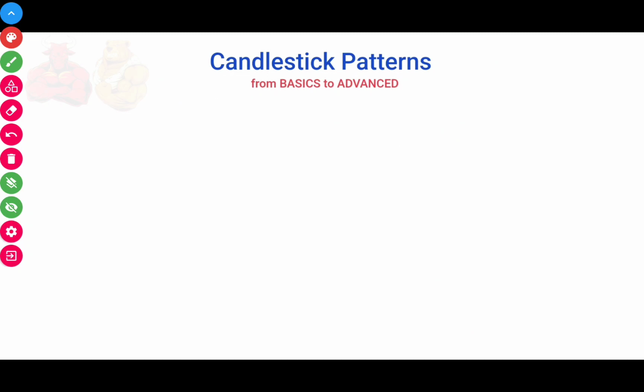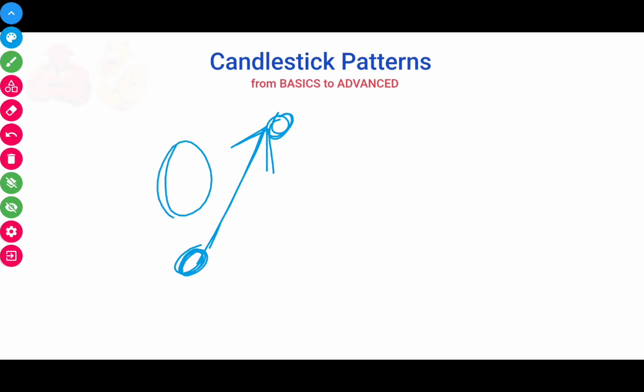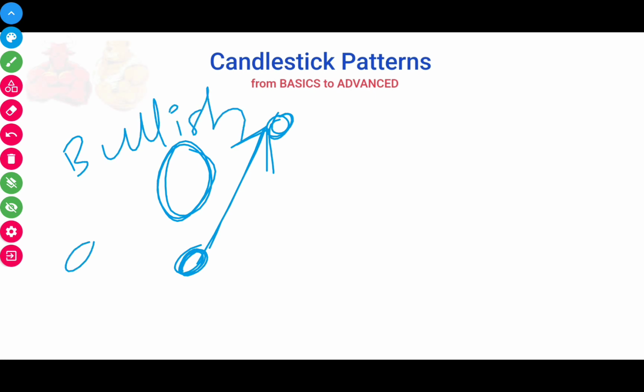So here, if the opening is below and the closing is high or above, this means the market is moving up. So any candle formed in this range is called a bullish candle or a green candle.